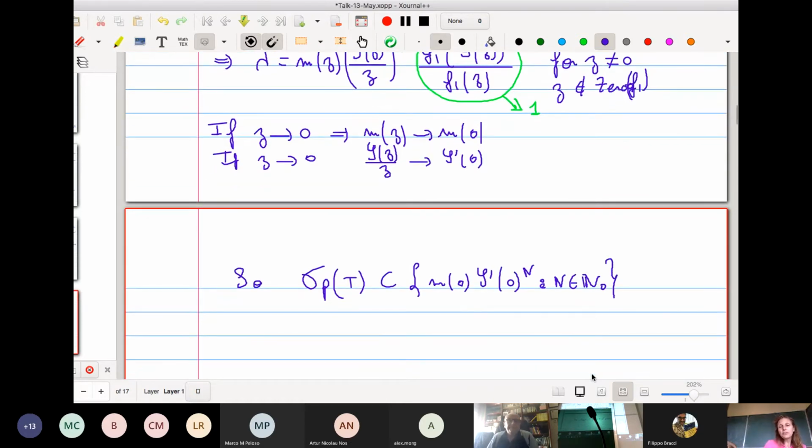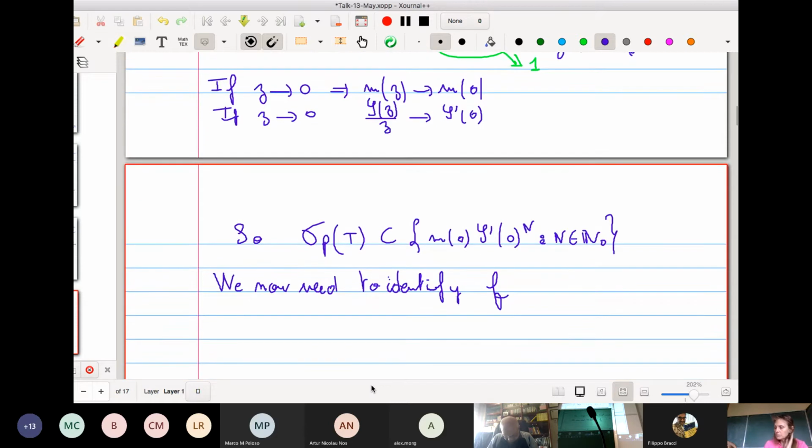Now, in order to decide whether those points are in the point spectrum or not, we need to identify the function f, because it can't be 0.